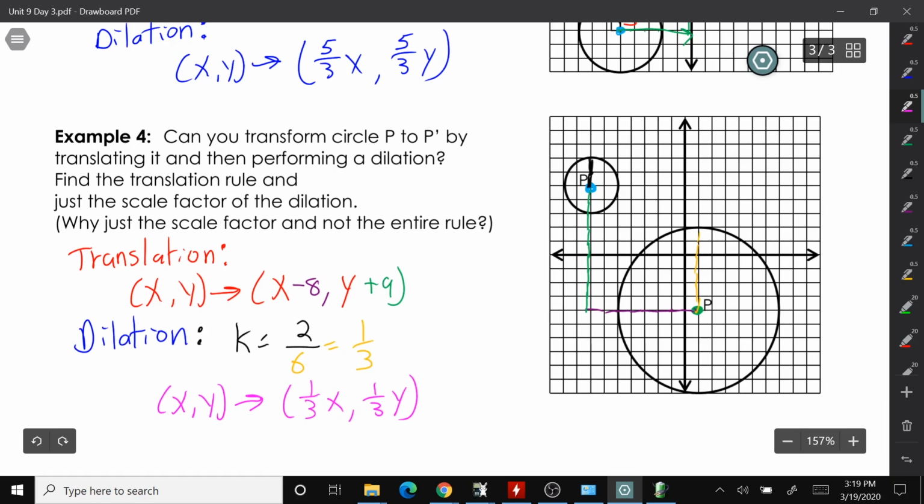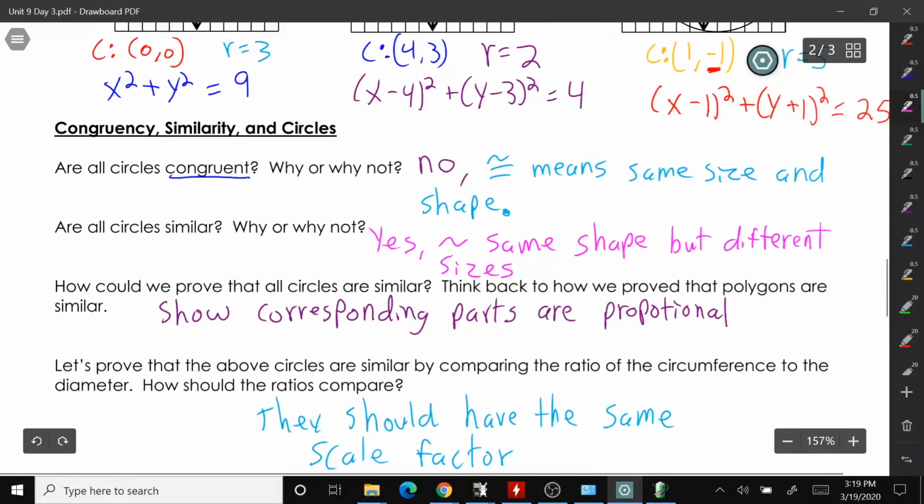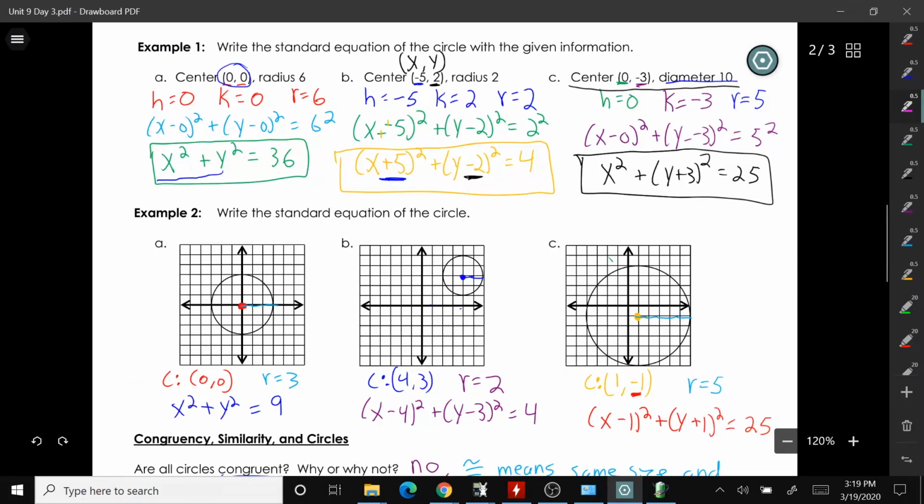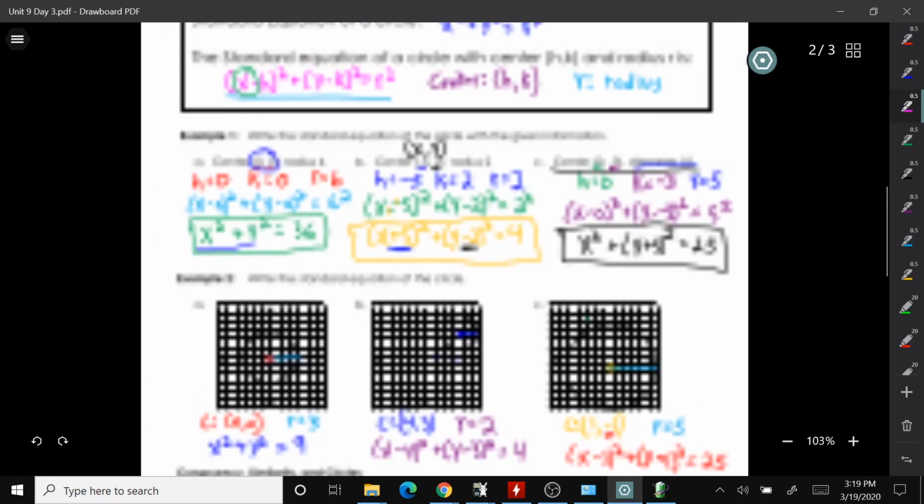Okay, so I know that this was a lot, and there's a lot of extra information here that if you don't understand completely, it's okay. The main idea that I want you to get from this lesson is this part right here.